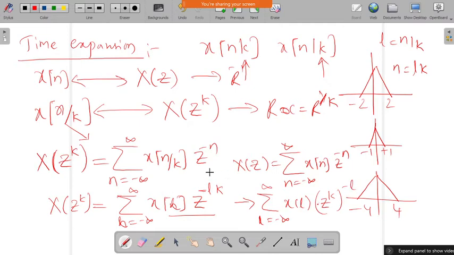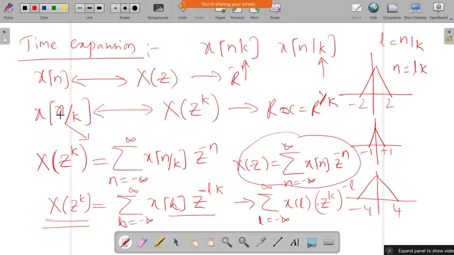You can compare this with the standard expression. Instead of z, here z power k is there, so its z transform is x of z power k. This is how the proof comes.